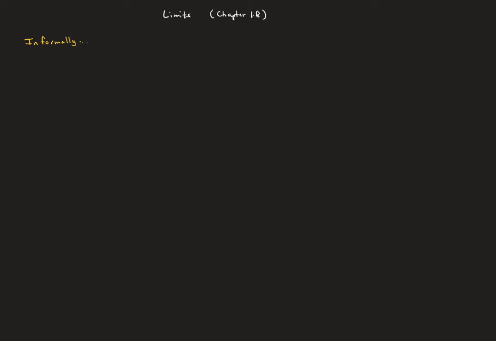So the notation and symbolism: we say that the limit as x approaches c of f of x is equal to L means, and again this is informal, as the x value gets closer to c, the y value gets closer to L. And that will serve you well.